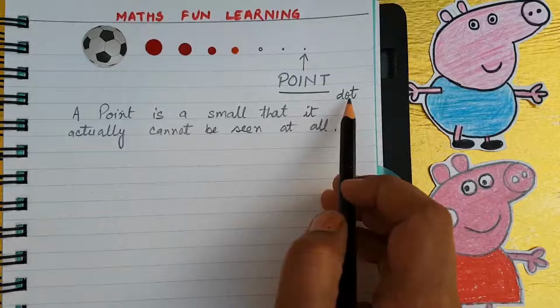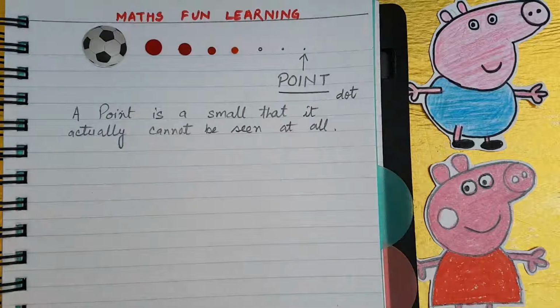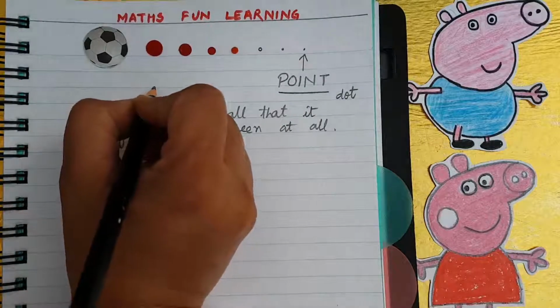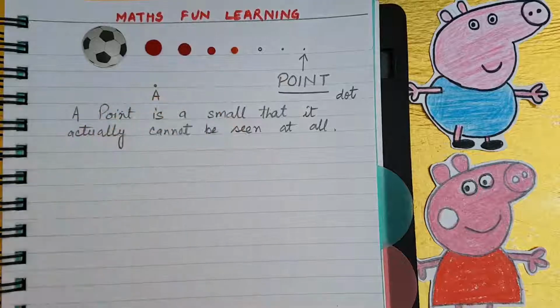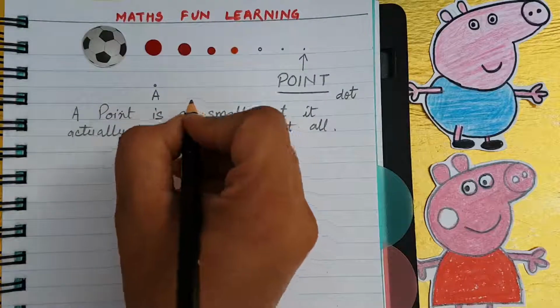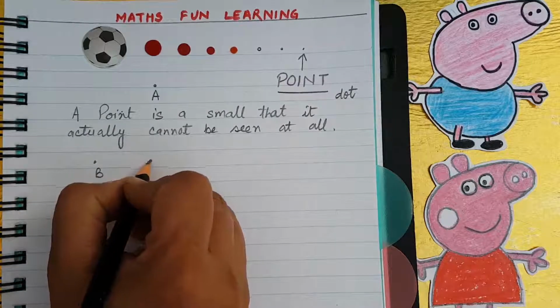That's why we call it a dot also. The point is labeled with a capital letter. Suppose this is the point, we can label it with a capital letter. We can call it A, we can call it B, we can call it C.